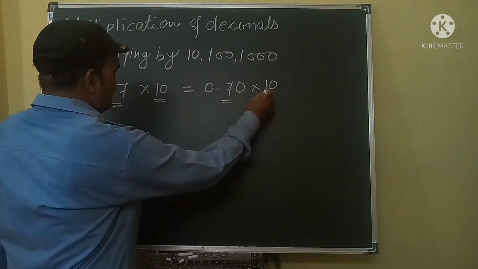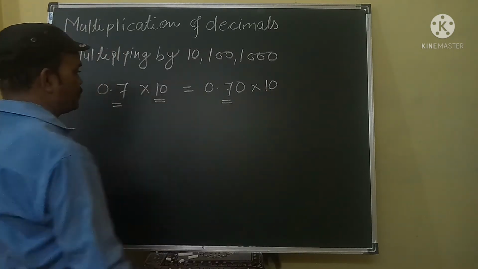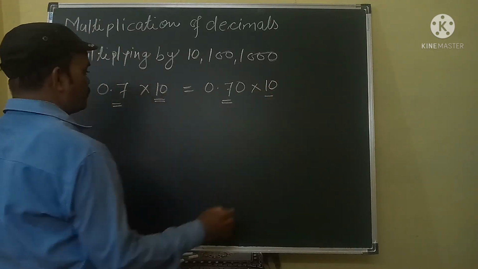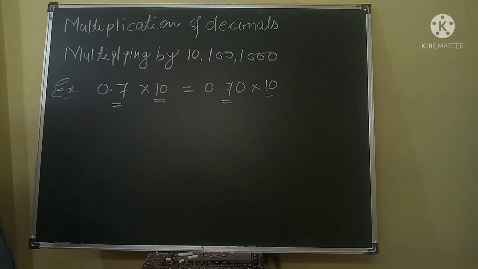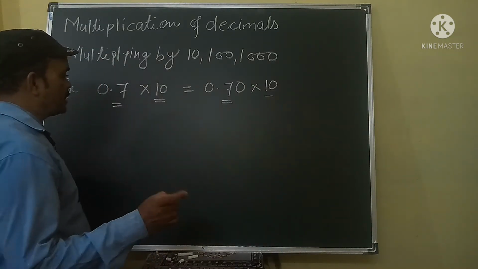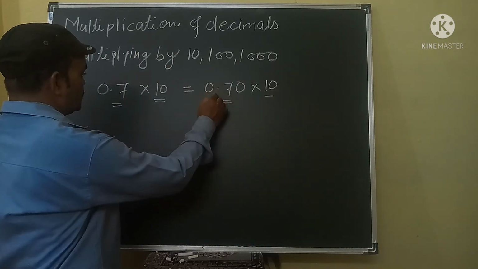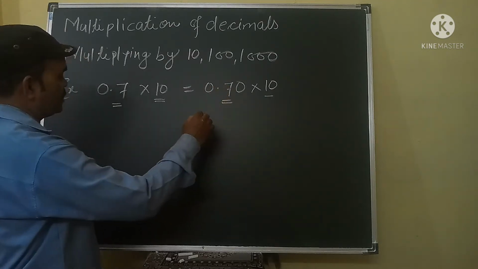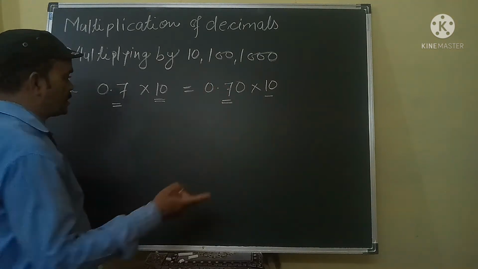0.70 into 10. In 10 the number of 0 is 1. So what we will do? Move the decimal point one place to the right. So now look here, this is the decimal point, and we will move the decimal point one place to the right.